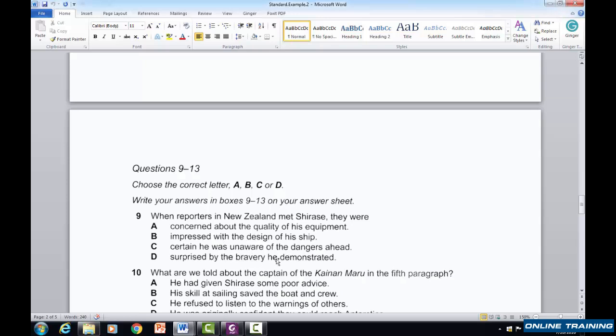It tells us nothing about that. The correct answer here is going to be A. They were concerned about the quality of his equipment, because they said, wow, his ship is half the size and it has a weak engine. So the synonym answer for that is that they were concerned about the quality of the equipment that he had.